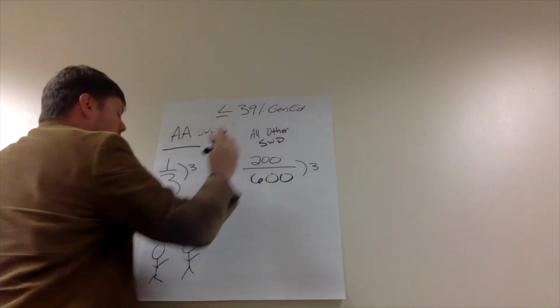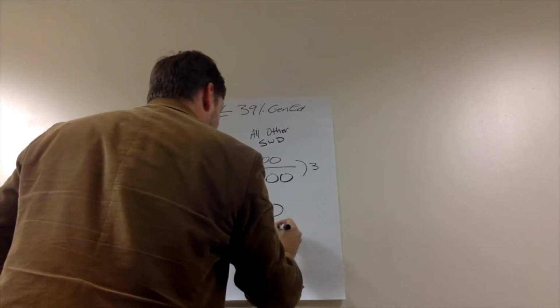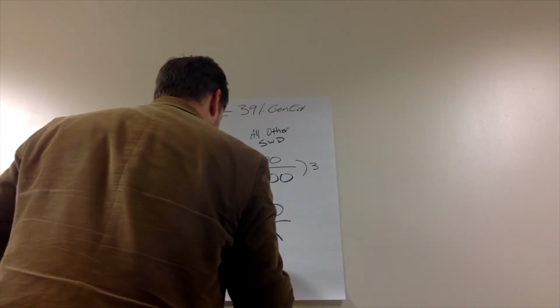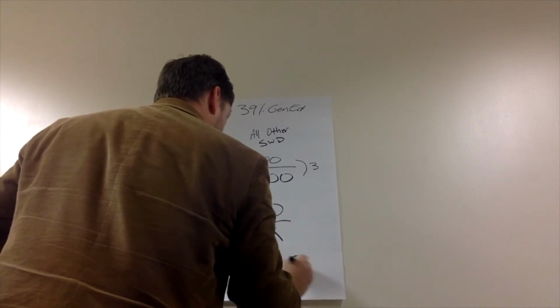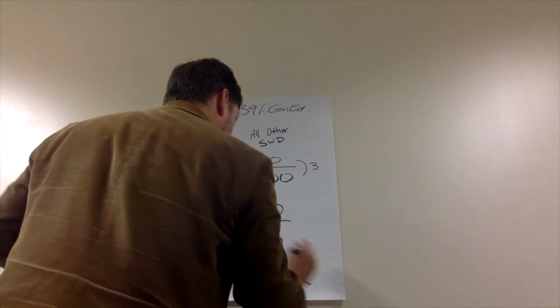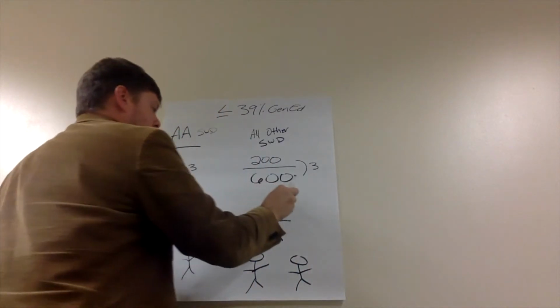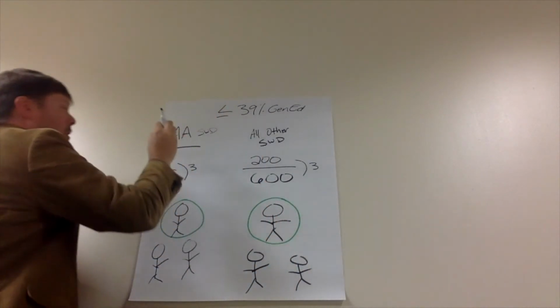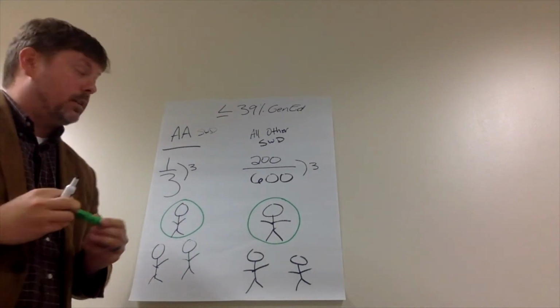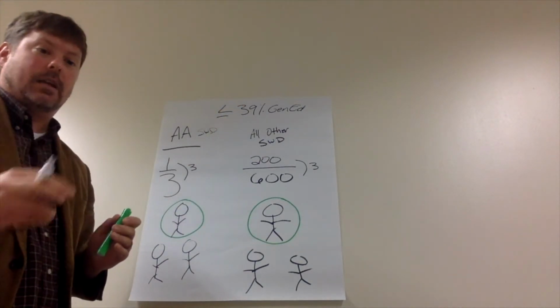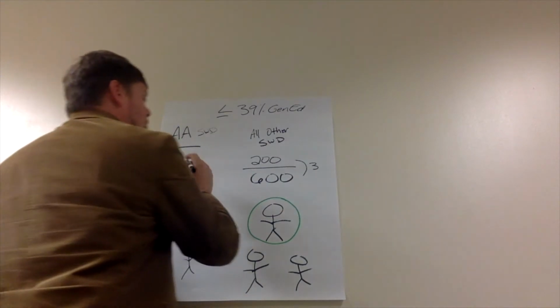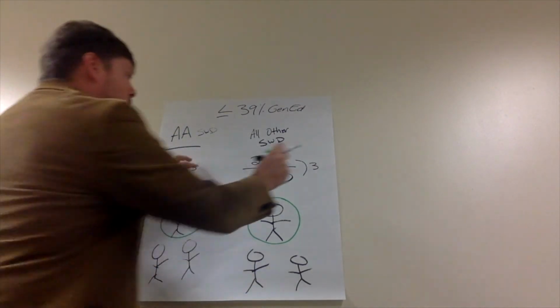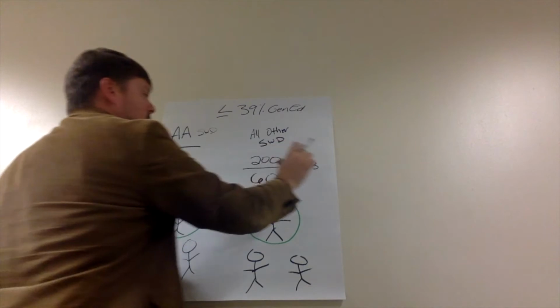So what we know for all other students is we have the same proportional relationship, that 1 out of every 3 students that are not African American students with disabilities also have this same educational placement. So the risk ratio is the ratio between the 3 and the 3.